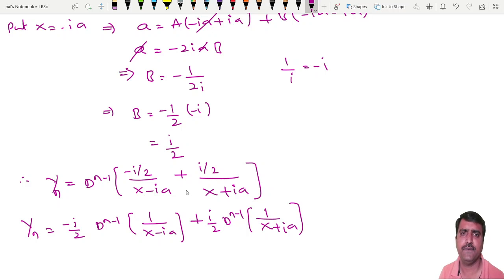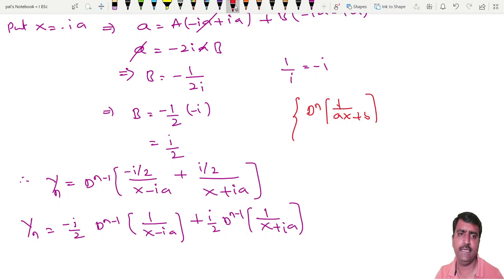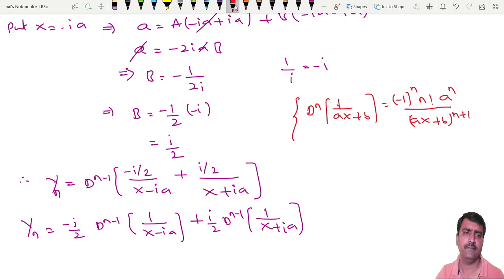As you remember this formula, the nth differentiation of 1 by ax plus b is equal to minus 1 to the power n into n factorial into a to the power n by ax plus b to the power n plus 1.